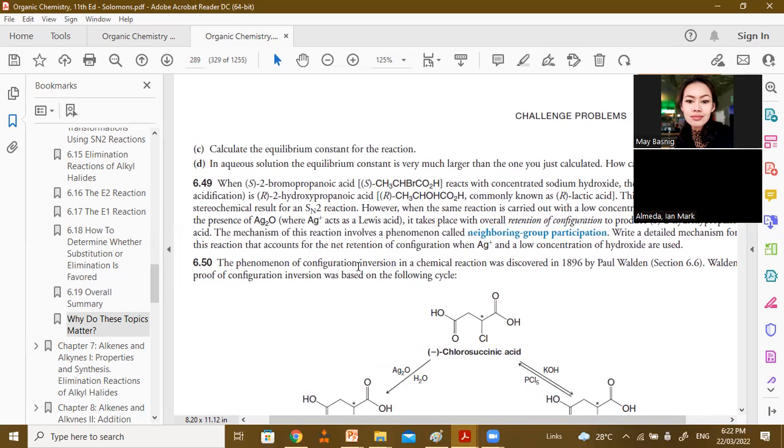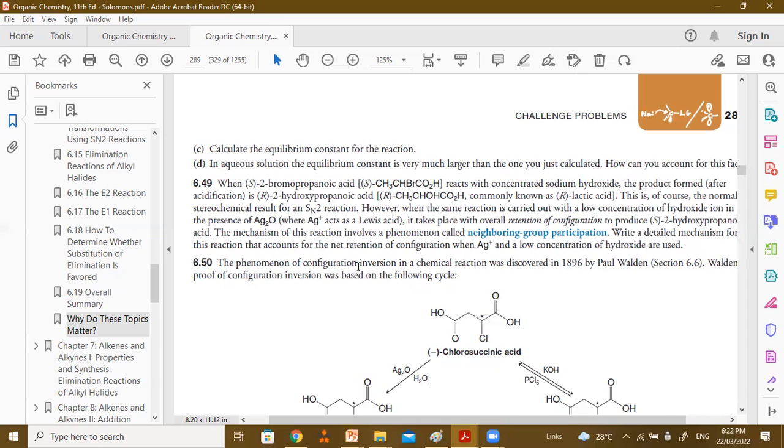If you want, we will devote time to problem solving for the problem sets. But this mechanism involves neighboring group participation. The neighboring group participation simply has to indicate the group of atoms that is involved when you do the reactions.